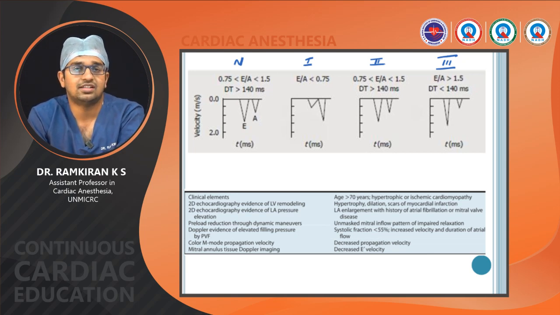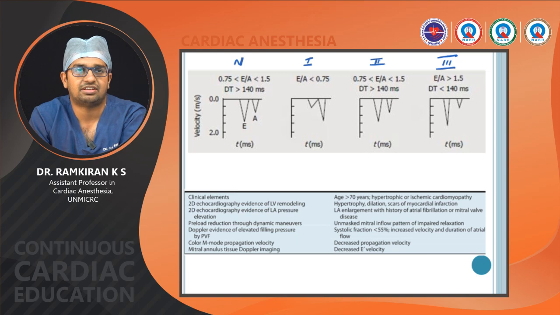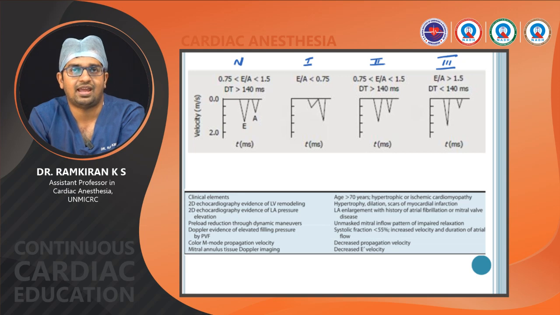milliseconds. But how do you differentiate the pseudo normal phase from the normal phase? That I'll be telling you now, based on various parameters. First, clinically, for example, if the patient is more than 70 years old with hypertrophic or ischemic cardiomyopathy, with an E by A between 0.75 to 1.5, always consider it as pseudo normal, and do the other parameters to confirm it.